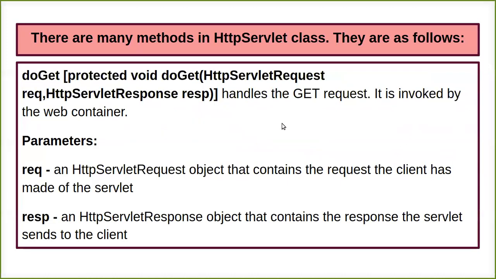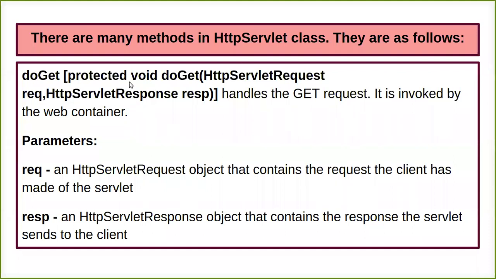Fine. Now, we have a number of methods available in your HttpServlet class, and we are going to see them one by one. First is the doGet method. Here we have two classes, or interfaces: HttpServletRequest and HttpServletResponse.